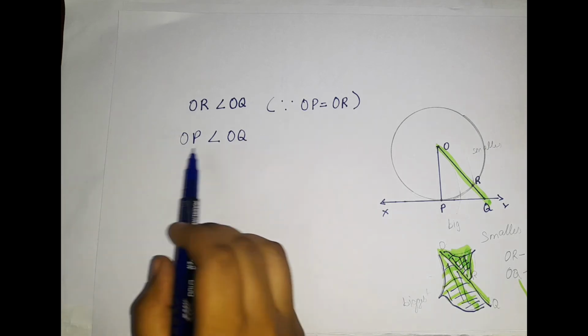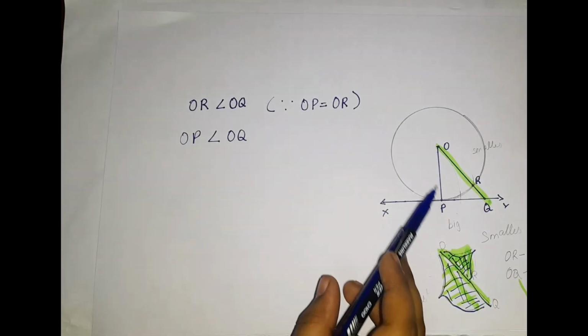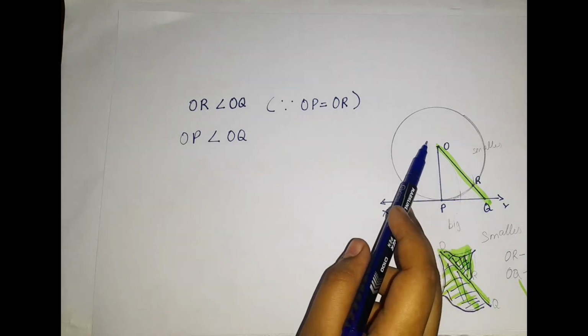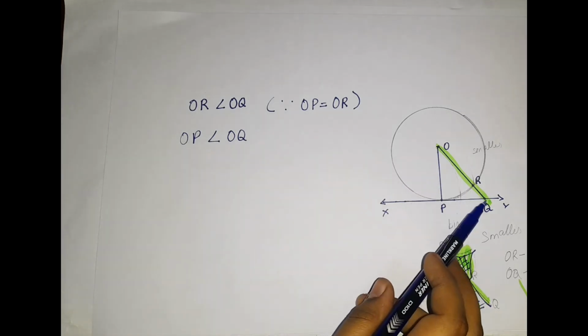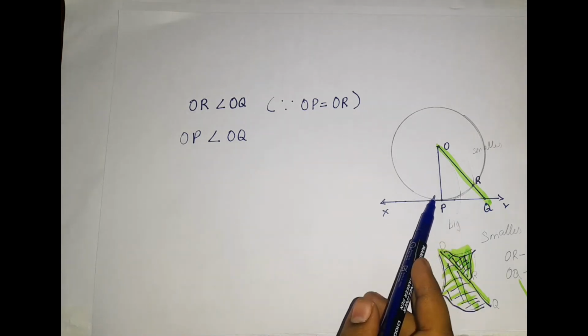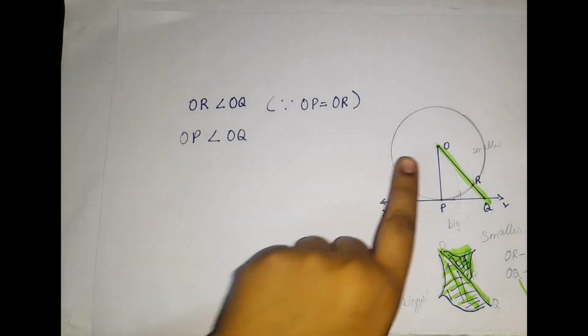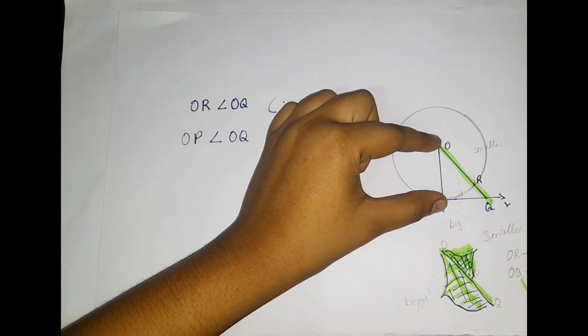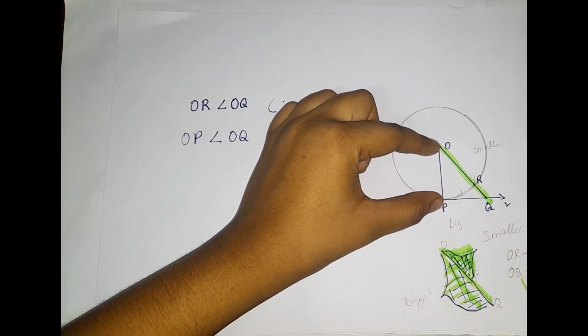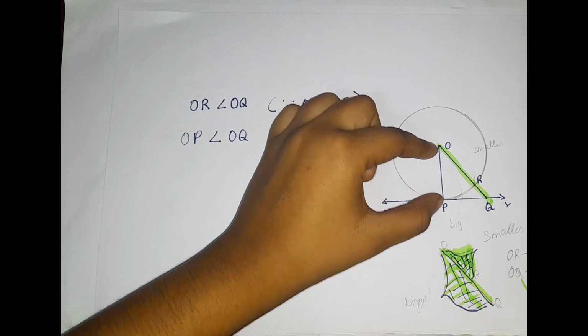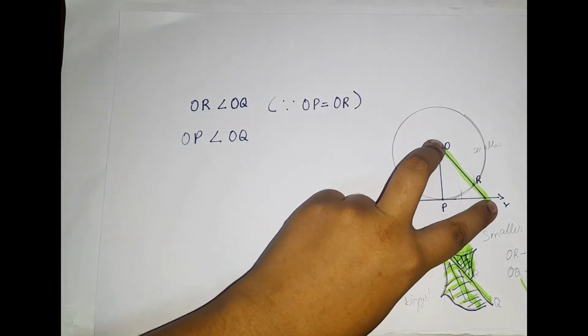Am I right? So where is OP? OP is here and OQ is here. So according to OP, OQ is the longest one. So I'll explain it. Here we have OP. Am I right? According to this OP, OQ is so big.